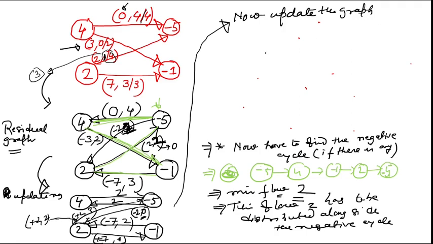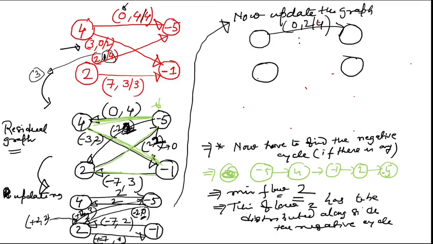Now update the graph. Just simply adding these two here. Already 1 plus 2, 3. 2 comma 3 here, okay? Now update capacity was 4 and now passing only 2, 0, 2 comma 4. This side 3, 2 comma 2.